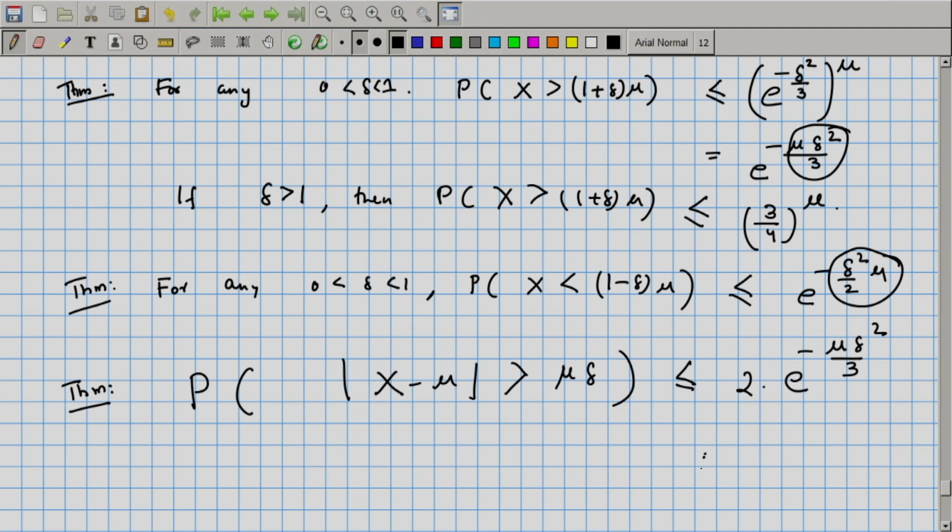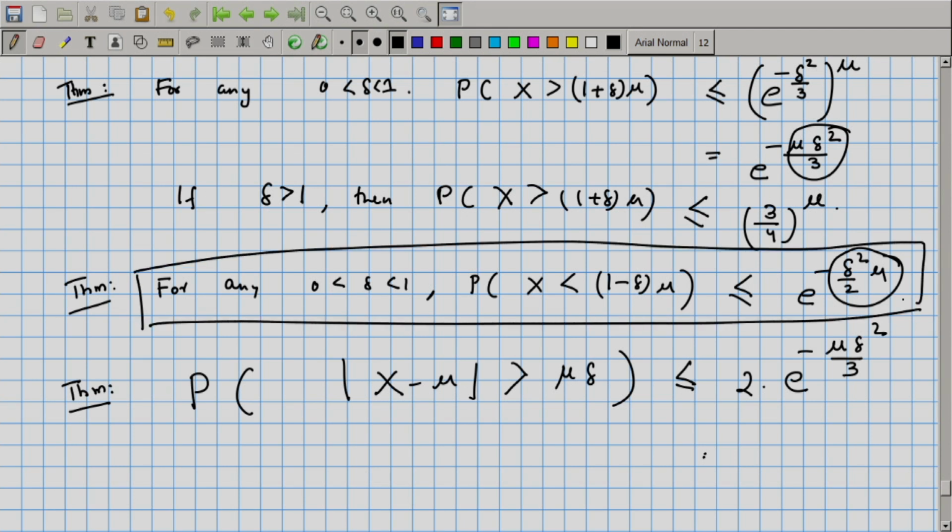Okay. So, when we try to prove this statement, we just have to retrace the steps of the previous theorem, but instead of log 1 plus delta's expansion, we will have to work with log 1 minus delta's expansion, okay, and then everything else is the same, and we will get this as the bound.